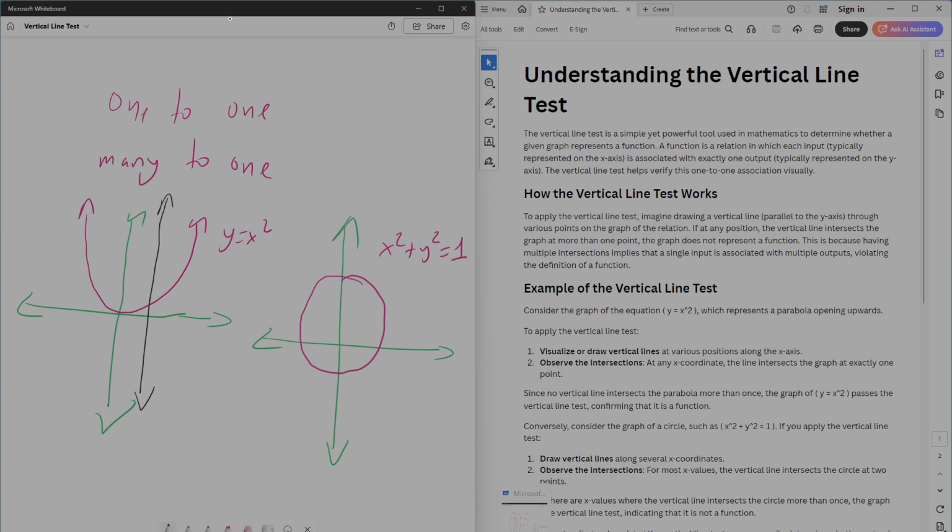And if we move it left or right, we see that it only hits one point at a time. Since no vertical line intersects the parabola more than once, the graph y equals x squared passes the vertical line test, confirming that it is a function. So y equals x squared, this one is a function.